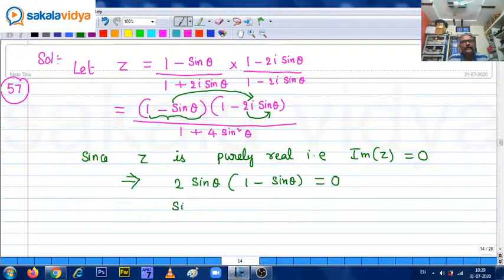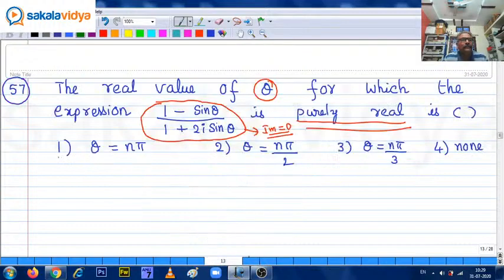That means sin theta is equal to 0. Sin theta is equal to 0 means sin n pi, you can write it. Therefore theta is equal to n pi is the answer. So the first option is the right option.